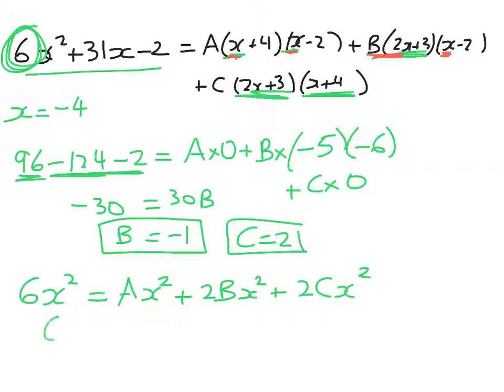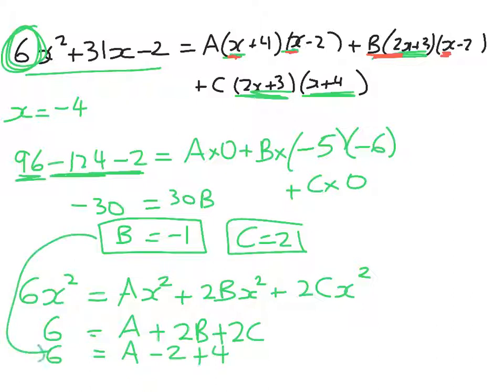So we can just write that 6 is equal to a plus 2b plus 2c. So 6 is equal to a minus 2 plus 4, from subbing in those two, which tells me that a is equal to 4.